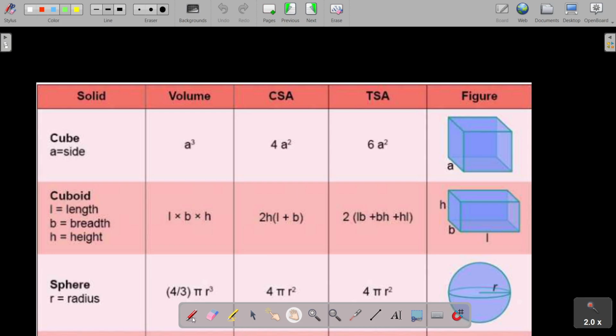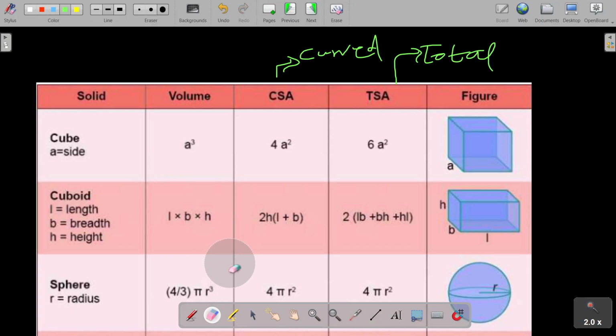What are these terminologies? CSA stands for curved surface area, and TSA stands for total surface area. Surface area means the area on the surface. It is different from volume. Volume is another thing. Volume is the space occupied by that 3D object.